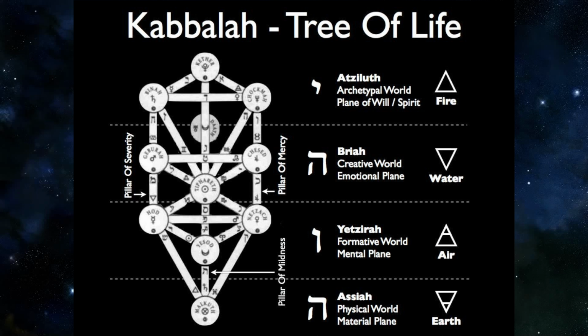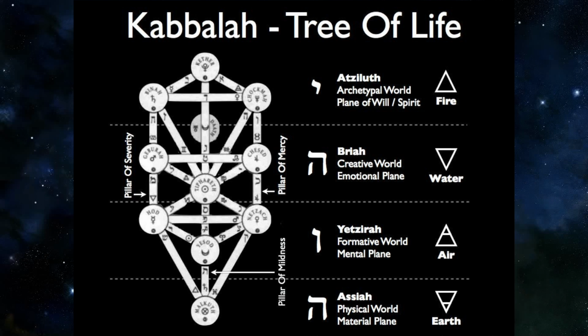It's a downward pointing triangle, as is the triangle that is formed by Yesod, Hod, and Netzah, or the world of Yetzirah. So Briah is, I guess you could call it, the sacred feminine aspect of the worlds of Kabbalah. It is the internal aspects. It is the purely created world. Some people call this the astral plane, the astral world.